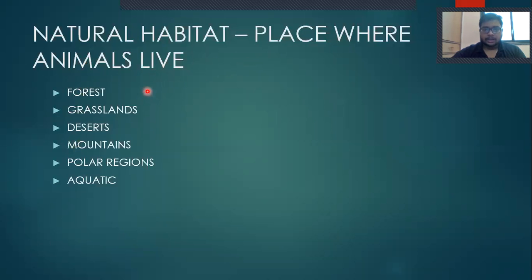And what are the types of natural habitat? First is forest, then there are grasslands, deserts, mountains, polar regions, and aquatics. So we will be studying these all together. Forest means a dense forest on a mountain. A dense forest contains many trees all together. So all these trees together comprise the forest habitat.